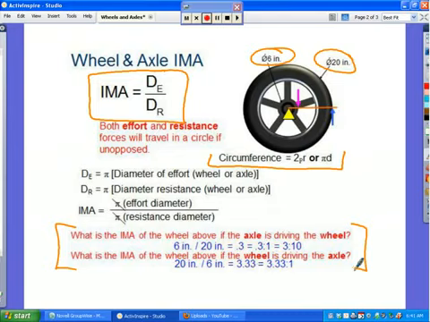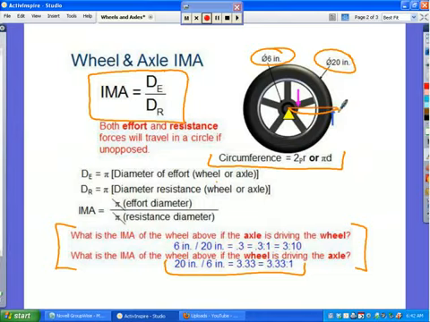If the wheel is driving the axle, it's this one down here at the bottom, and it is going to have a mechanical advantage greater than 1, meaning I'm putting in a little bit of force and getting out a lot more, but that's taken up in this greater distance. If the axle's driving the wheel, like it is on a car, you don't get nearly as much.